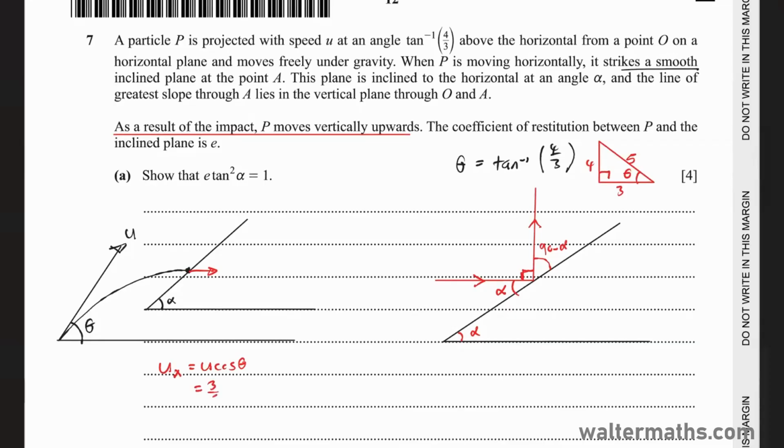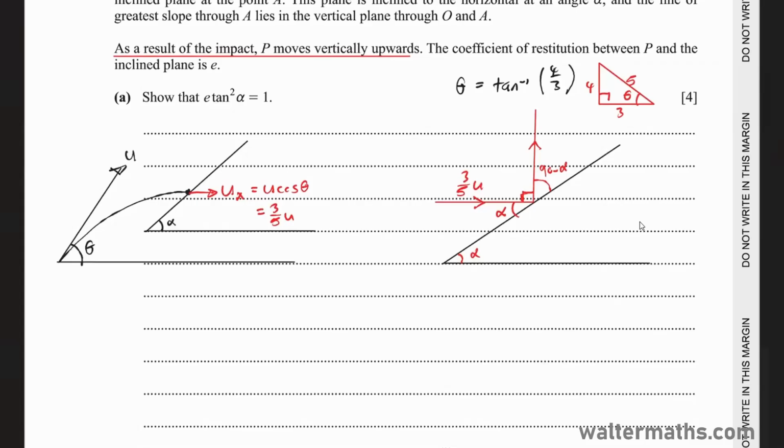So it's 3/5 of u. That is very important: it's the horizontal speed with which the particle strikes the plane.